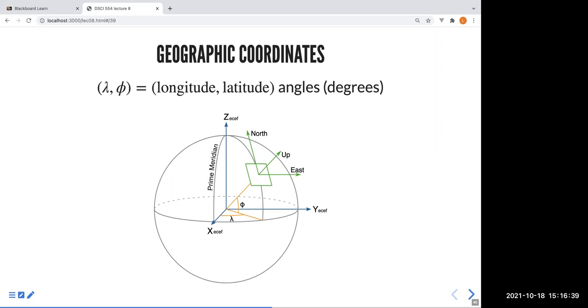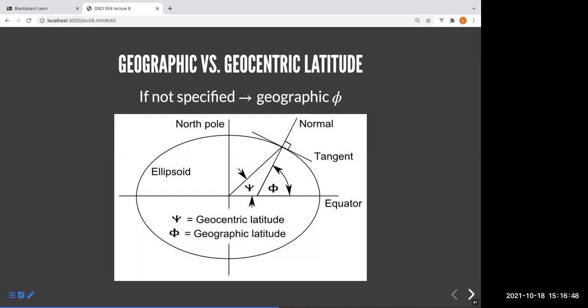The latitude and longitude, when you talk about them, they're with respect to the ellipsoid. There is the caveat that you can define the latitude based on the center of the ellipsoid or the tangential plane to the location where you're at.